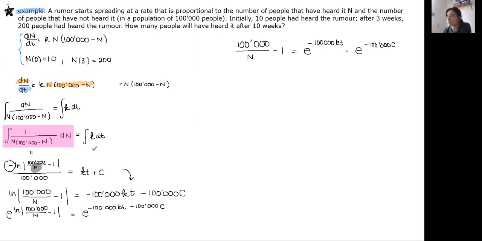And because c is an arbitrary constant, it can take any value that we want, we actually have that this term over here can be replaced by some other arbitrary constant, which I'm going to call in this case, as very often is the case, d.